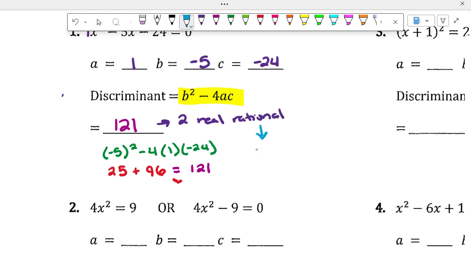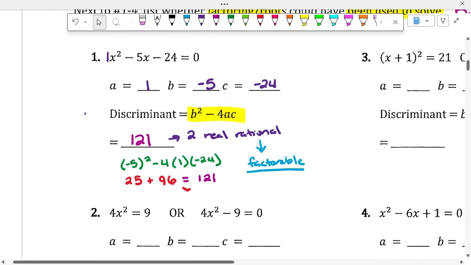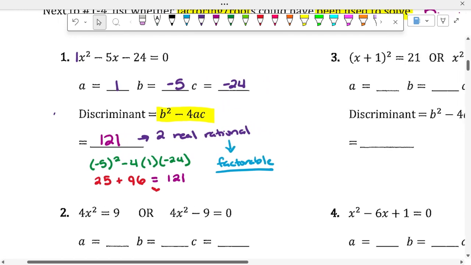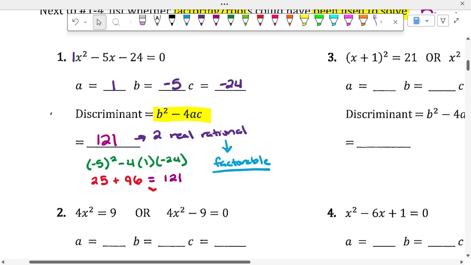Thus, that function is factorable. If you have rational answers and they're real, which go hand in hand, they're factorable. So again, that's a quick way that you can check to see if factoring is even worth your time. Because whenever you solve by factoring, you're always going to get rational answers.